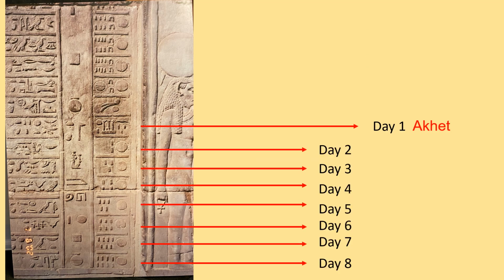And as in any calendar, the sequence continues. In this case, we go from day 1 through day 8. Again, we identify Ra, the sun, as day, and we see the numerals 2, 3, 4, 5, 6, 7, and 8.